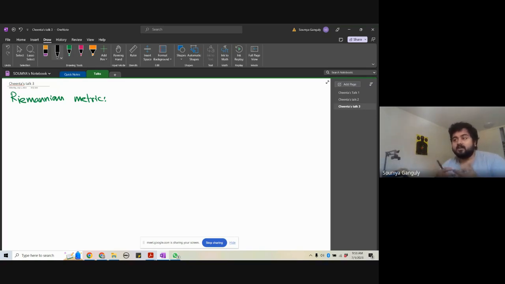So if you integrate the volume form on the manifold, you basically get the volume of the manifold. So now we know in terms of differential geometry how to calculate the volume of something. Now the question is, how do you calculate lengths, or lengths of curves?